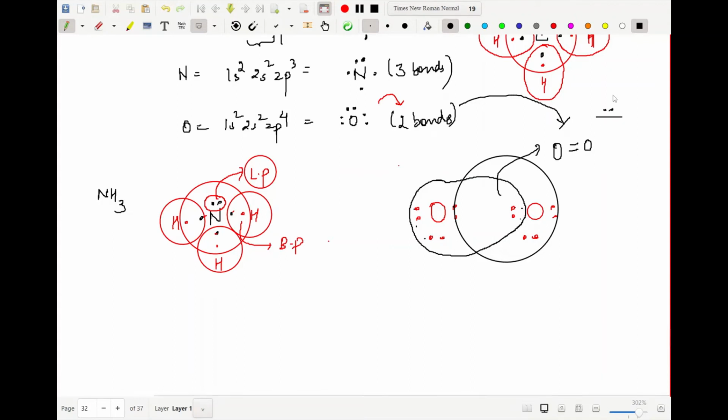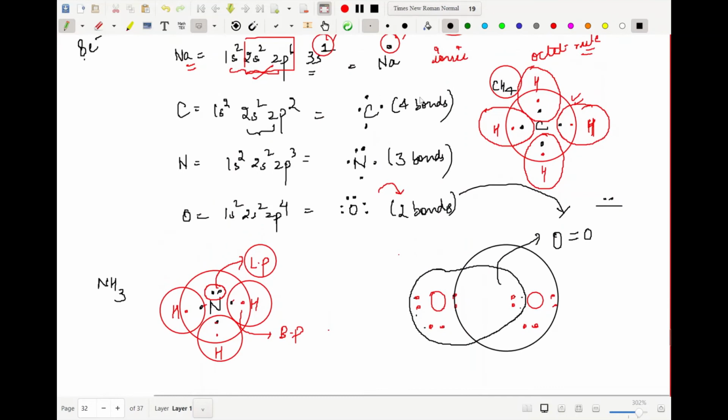Now, to be very clear, carbon has a total of 4 electrons and needs to get 8 electrons, and for that it forms 4 bonds. So whatever number of electrons it requires, that is the number of bonds it should form. Nitrogen has a total of 5 electrons, 1, 2, 3, 4, 5, and needs 3 more electrons, so it is going to form 3 covalent bonds.